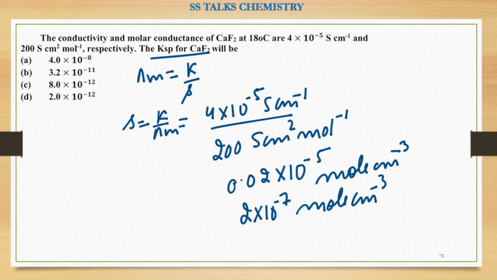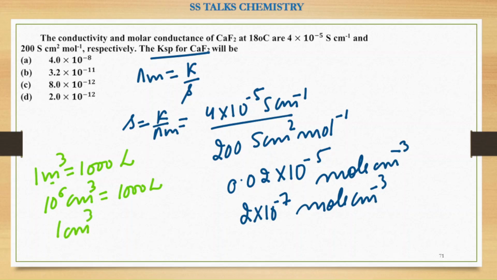Now we need to find this value in the molarity terms, that is mole per liter. So now we know that 1 meter cube is your thousand liters. So 10 raised to the power of 6 centimeter cubes will be equal to a thousand liters, because 1 meter is 100 centimeters only.